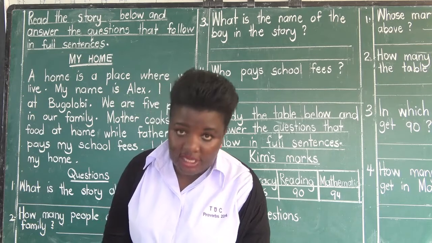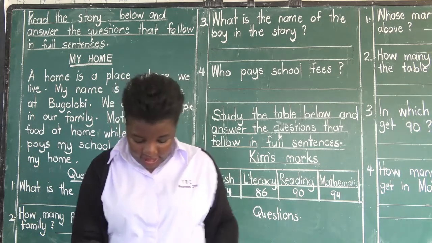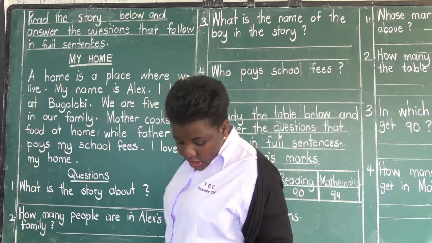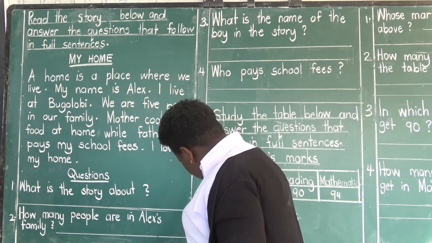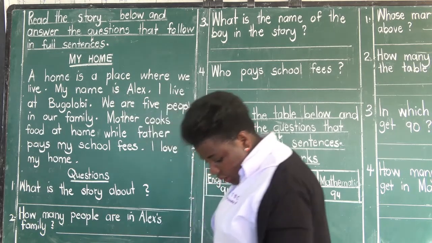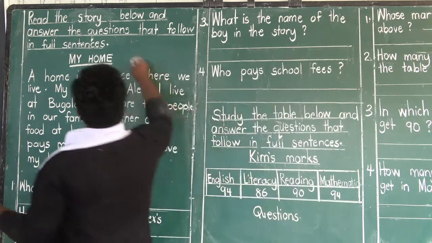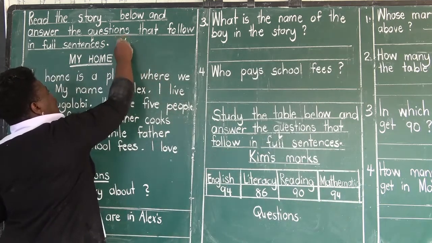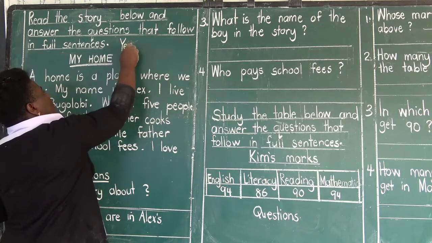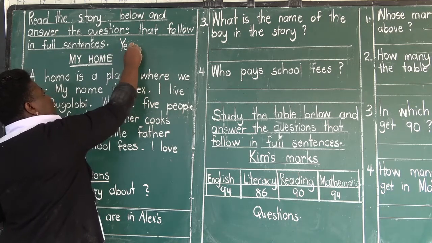So, dear children, the next instruction says use yes, he is, or no, he is not. This is how we punctuate it.